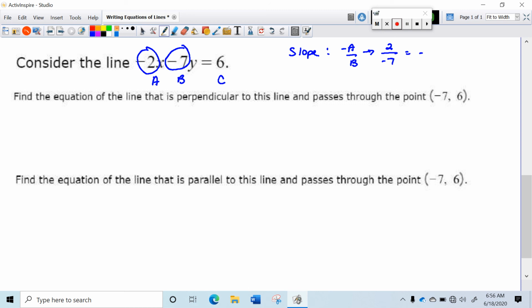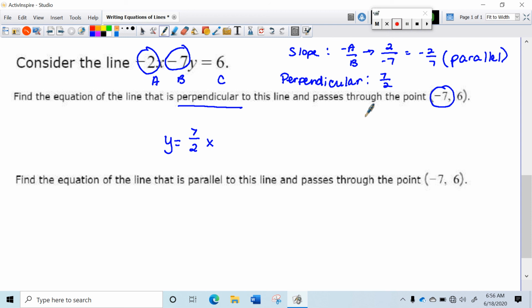So the slope is negative 2/7, and that's also going to be the parallel slope because parallel is the same. The perpendicular slope is opposite, so it's going to be positive reciprocal 7/2. So positive 7/2. So for perpendicular, I've got y equals 7/2 x.